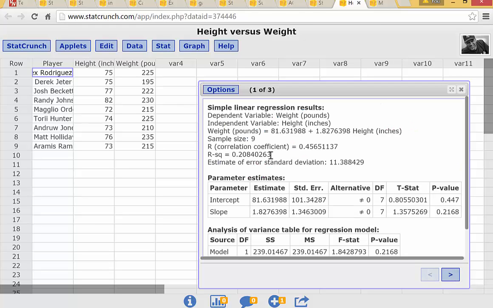So this may not be a good data set, but looking at what we have, if we round to 3 decimal places, we would say that R is 0.457, and R squared would be 0.208. So we would say that 20.8% of the variation in weight can be explained by variation in height.